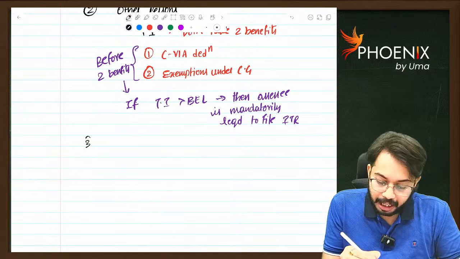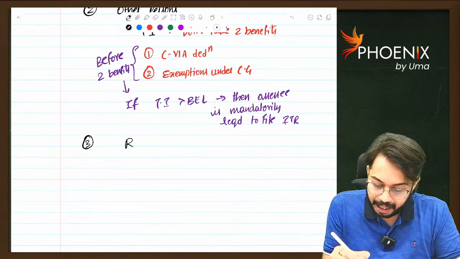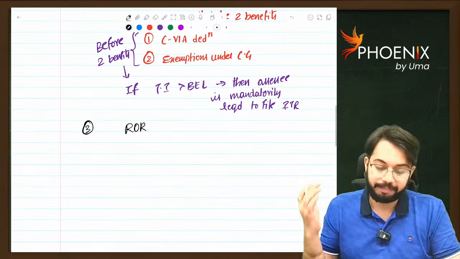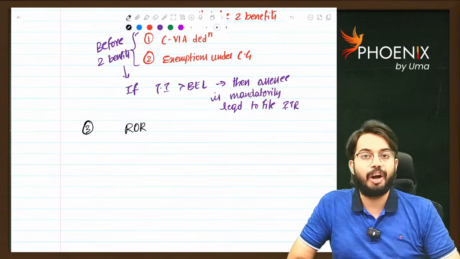third point, in case of ROR, resident and ordinarily resident. You know ROR, right? Resident and ordinarily resident.